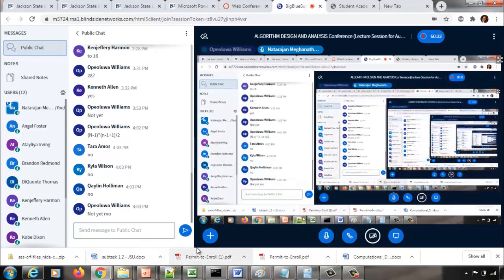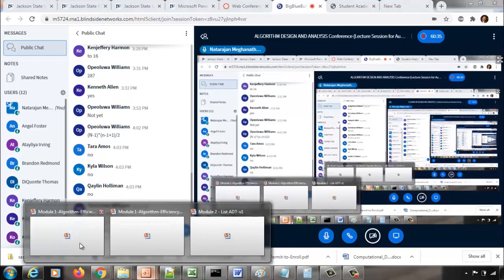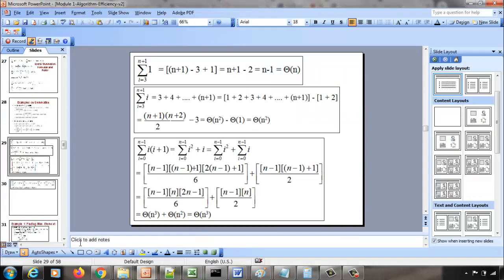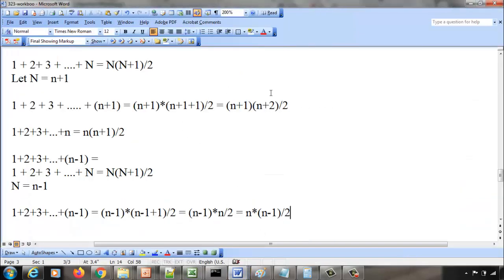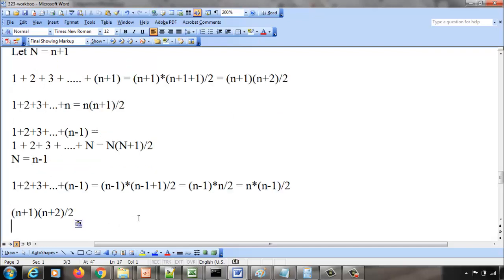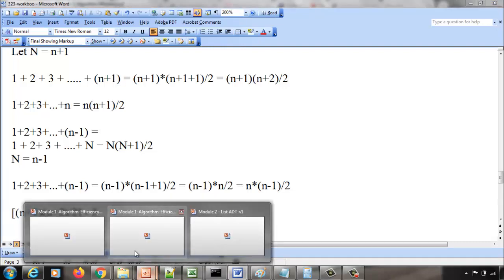Okay, good. Now, we have basically here this term. This is what we were doing. So n plus 1 times n plus 2 over 2, this whole thing minus the 2 plus 1 that we introduced here.